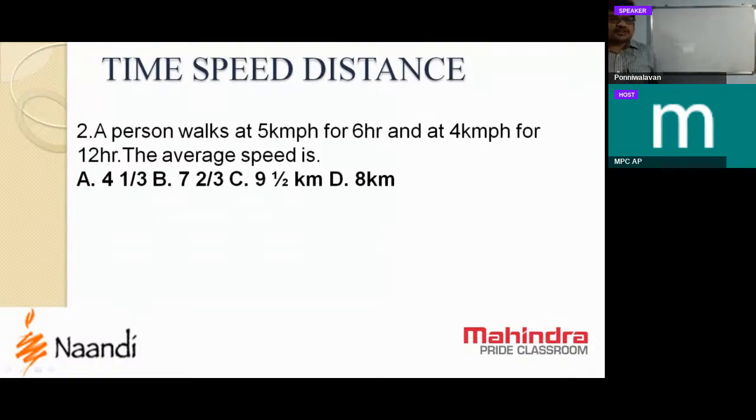A person walks at 5 km per hour for 6 hours and at 4 km per hour for 12 hours. What is the average speed?